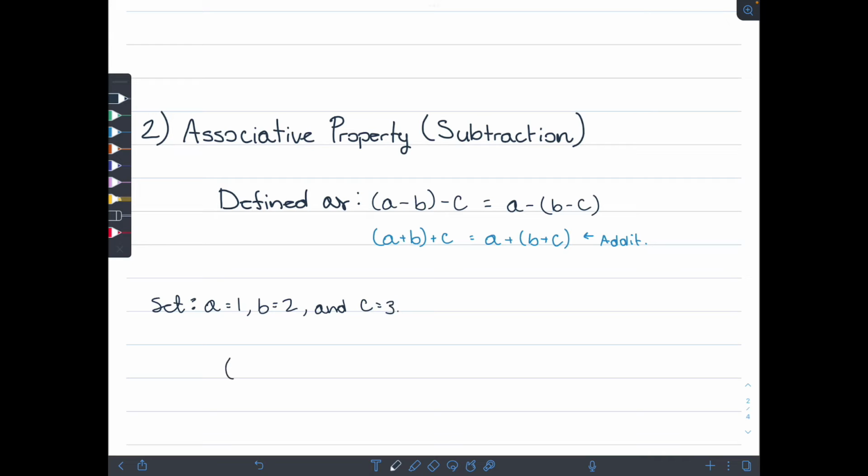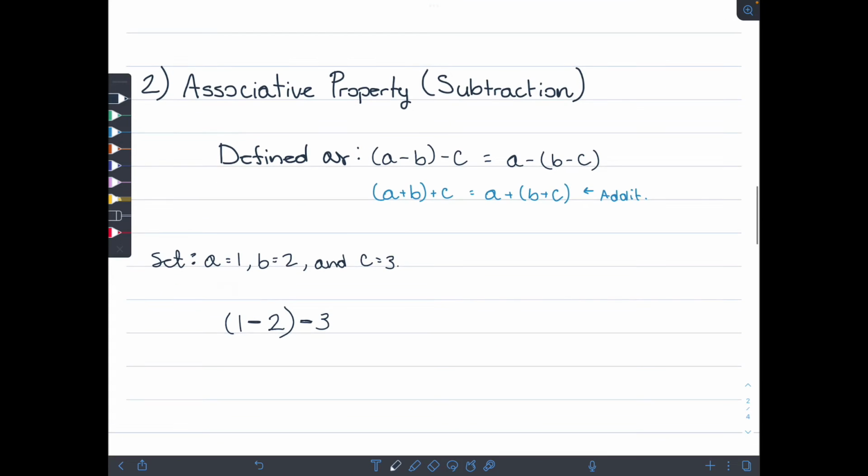So we have, parentheses, our a, which is 1, minus our b, which is 2, parentheses, minus our c, which is 3, which is equal to our a, which was 1, minus our b, which was 2, minus our c, which is 3.